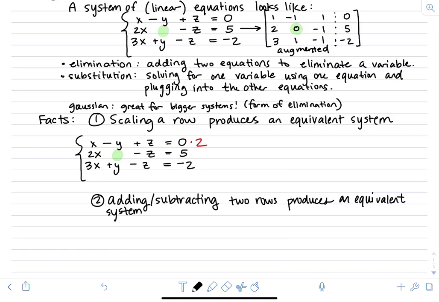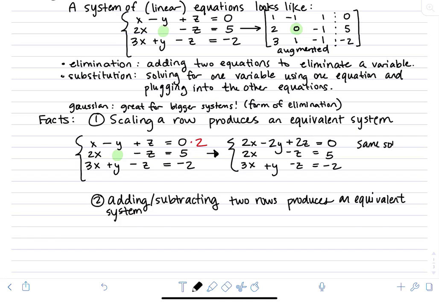What I would end up getting is 2x minus 2y plus 2z equals 0. And the other equations would stay unchanged. We can use a little arrow to say that we've changed it. Now notice that this system that we just produced has only a top row that looks different. So the first equation is different, but it's going to have the same solution as the original. Okay, that's what it means to be equivalent.